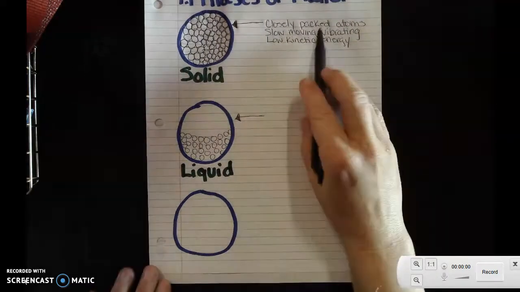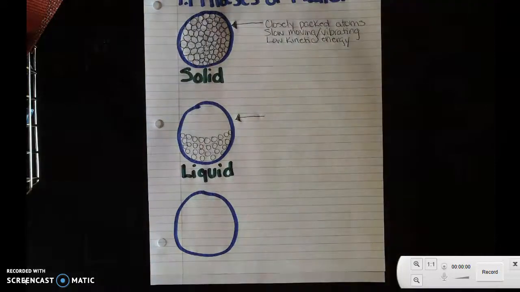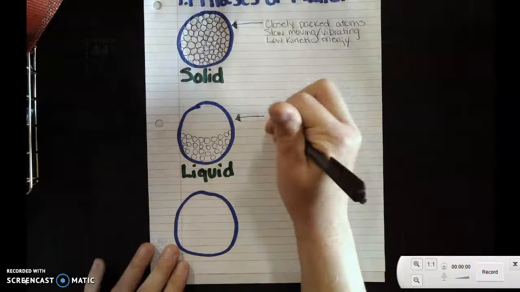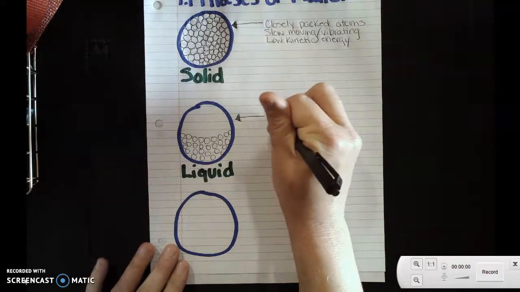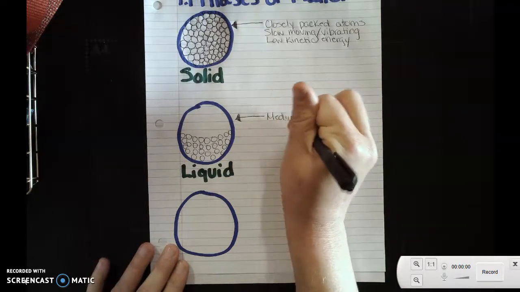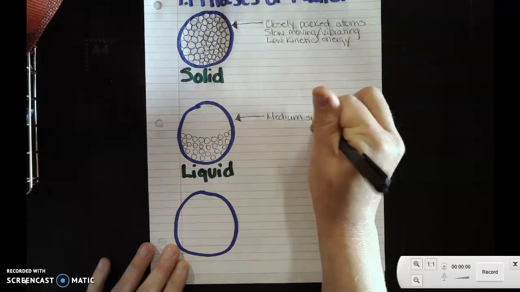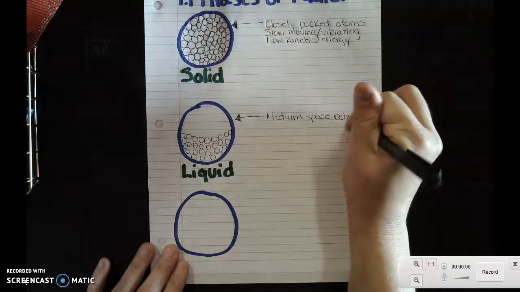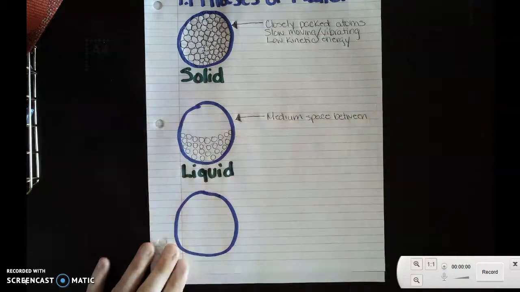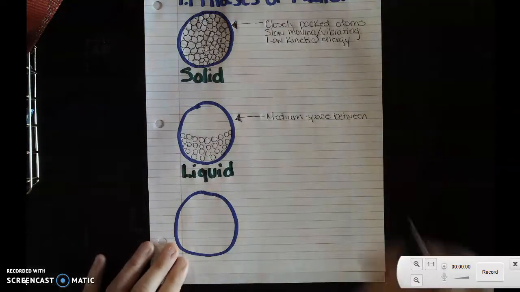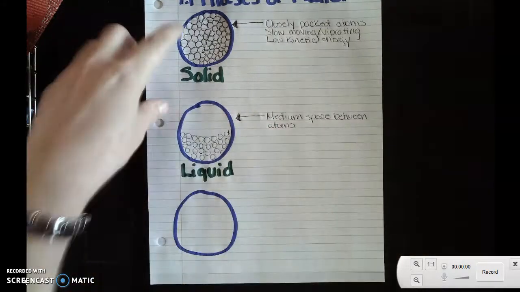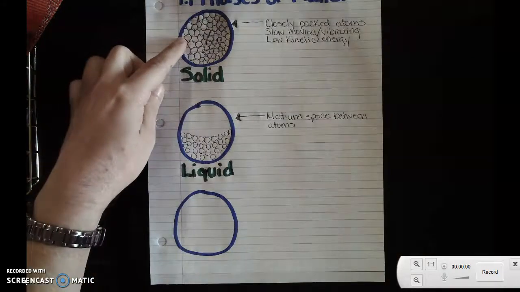Again, just like here, we're going to first talk about the spacing between the atoms. There's just no good way to say this. I'm going to call it medium space between atoms. The liquid for almost everything is kind of medium. So in a solid, there's little to no space between the atoms.